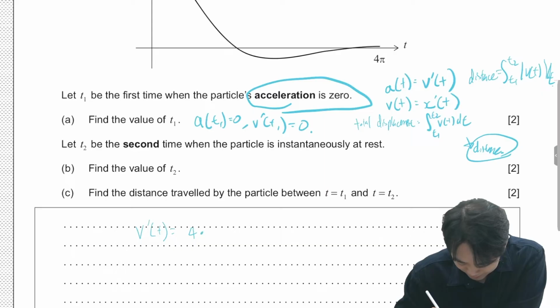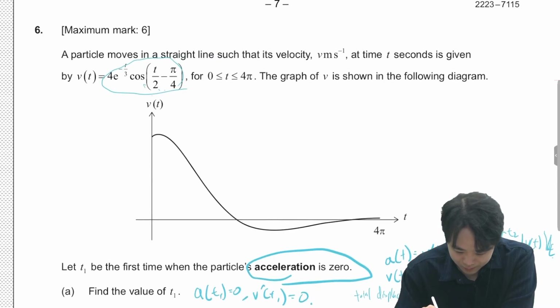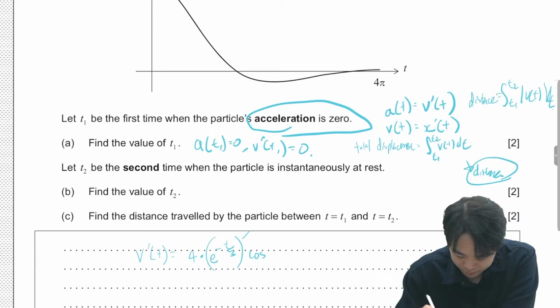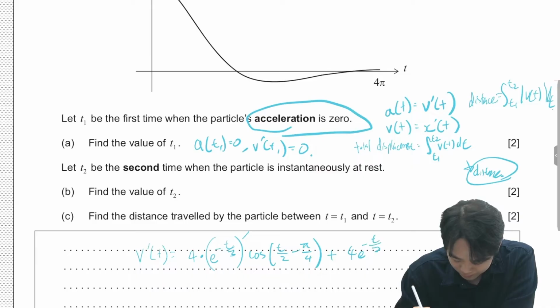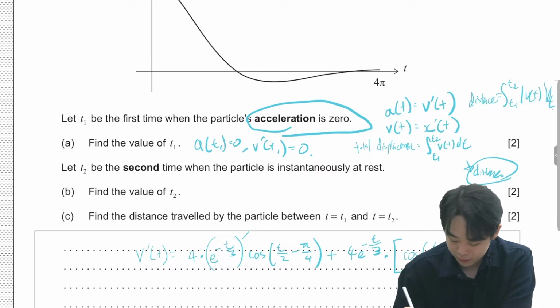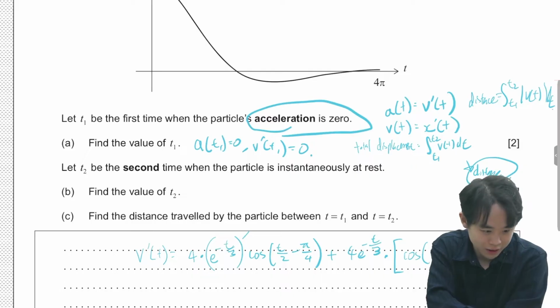So 4 times e to the power of t over 3 minus prime times cosine of t over 2 minus pi over 4 as is, plus 4e^(t/3) as is, and then we get cosine of t over 2 minus pi over 4 prime. Right? That's using the product rule to find the differentiation here.